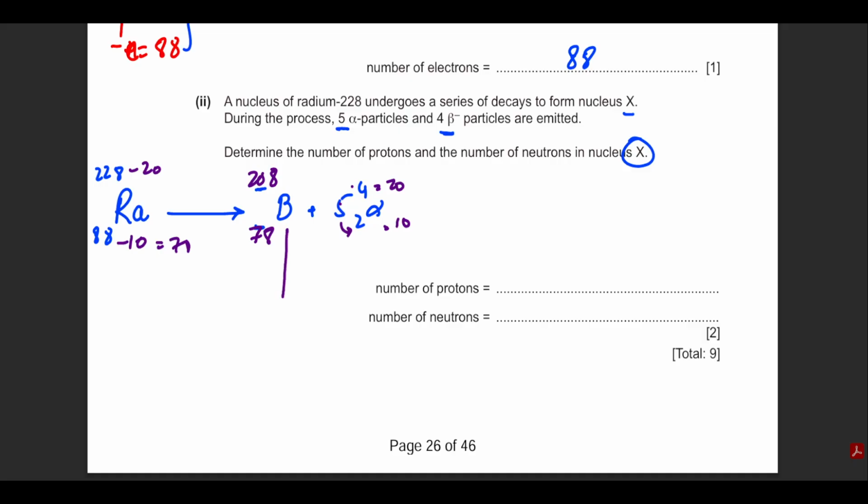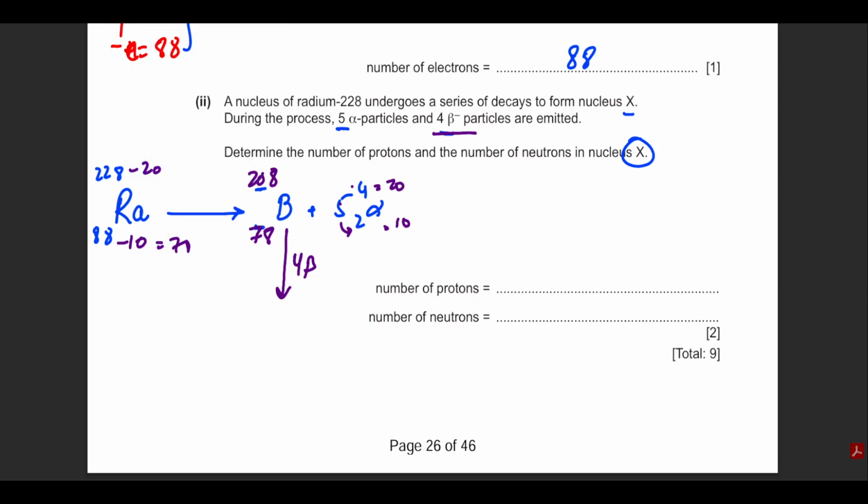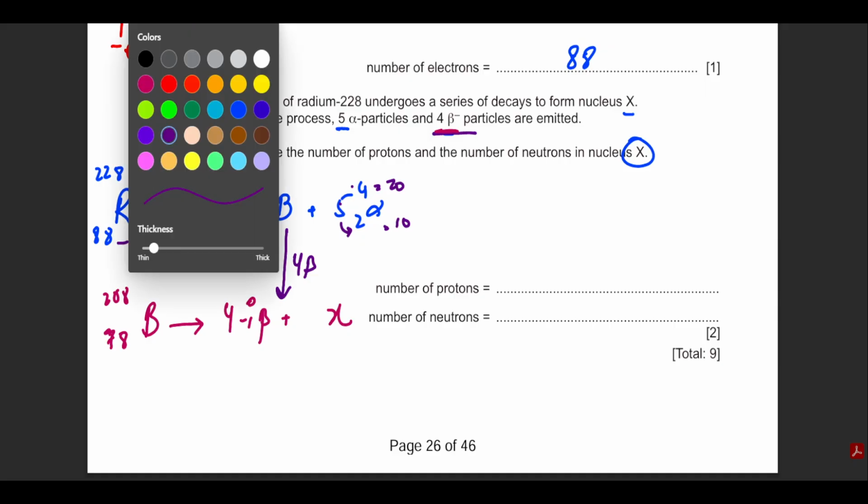Now this B further decays by releasing 4 beta particles. So let's write down an equation for the second step. B came out as 208, 78, and decays with 4 beta particles, beta negative to be precise, 0, minus 1, plus this is going to be nucleus X after these 2 processes.